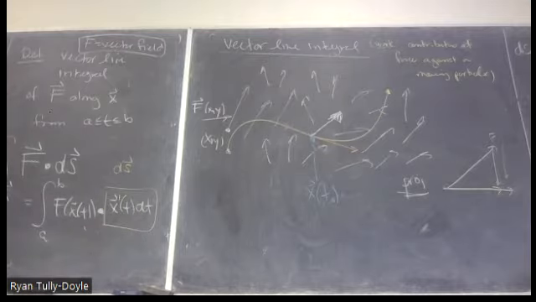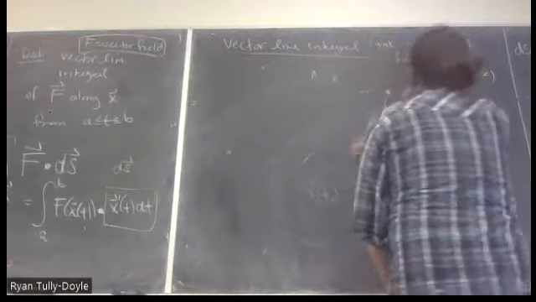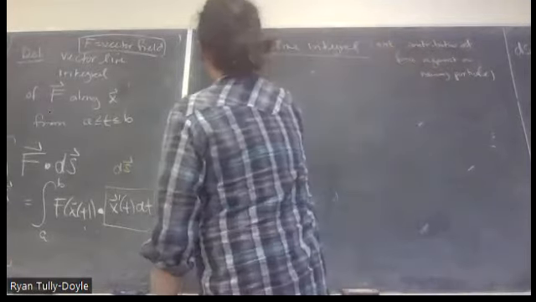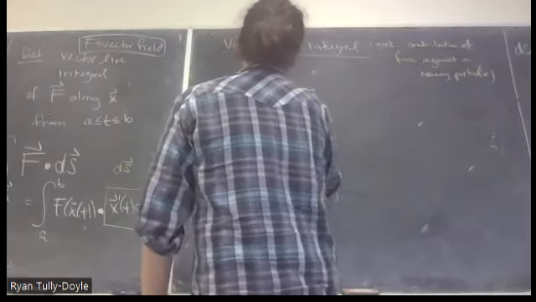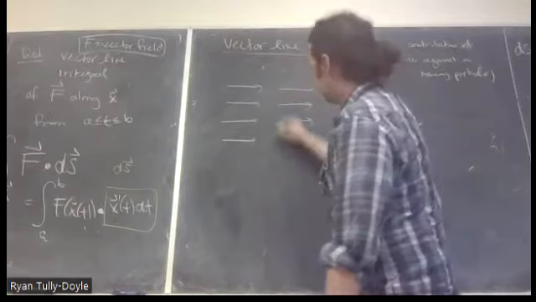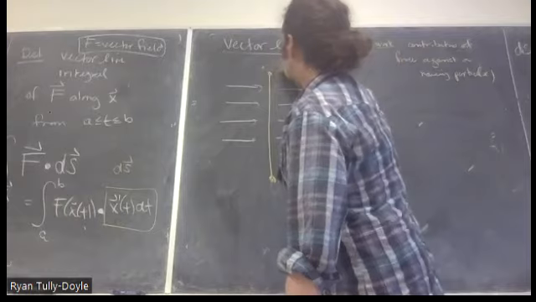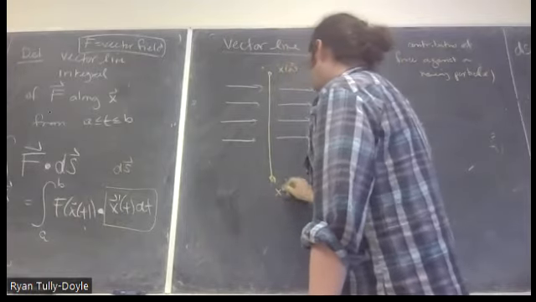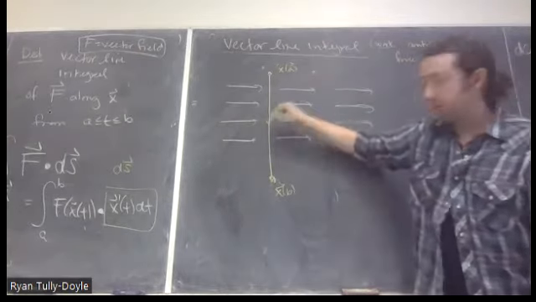Right? So for example, suppose you've got a constant vector field, and you cut through it with a path that looks like this. There's x of A. There's x of B. Does the vector field act on the motion of this particle along this path?